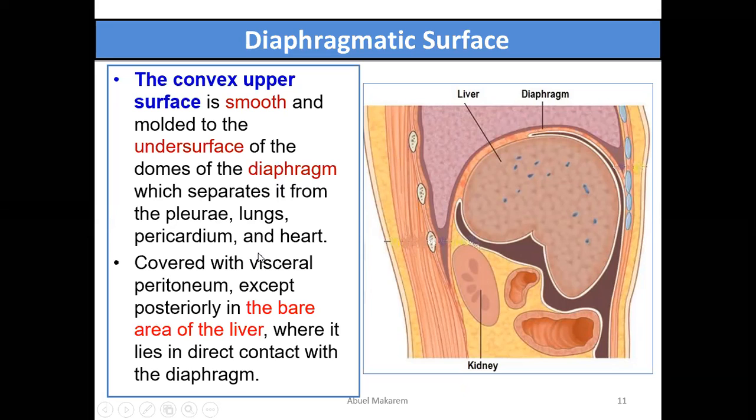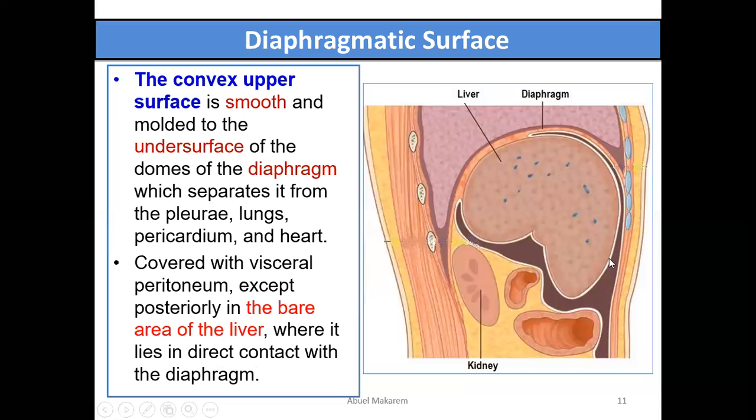Now it is covered with the visceral peritoneum. So here is the visceral peritoneum, except posteriorly is the bare area of the liver, where it lies in direct contact with the diaphragm. So this anterior superior surface is covered by the visceral peritoneum all the way here. There are two types of peritoneum. One is called the parietal peritoneum, which will be covering the anterior and posterior wall of the abdomen.